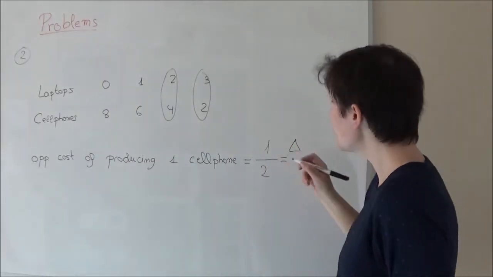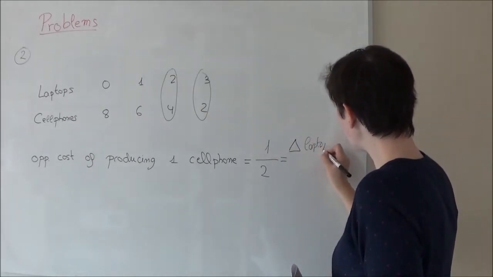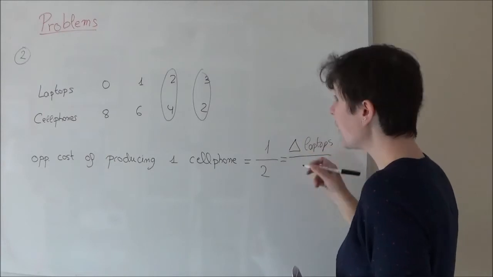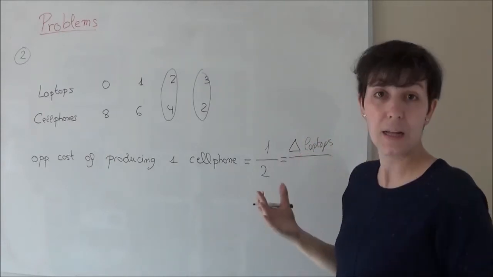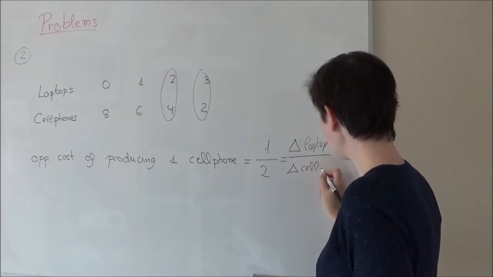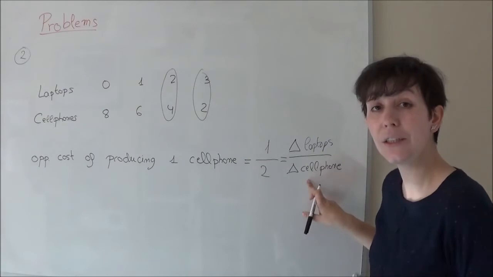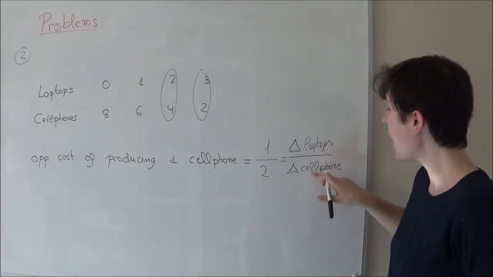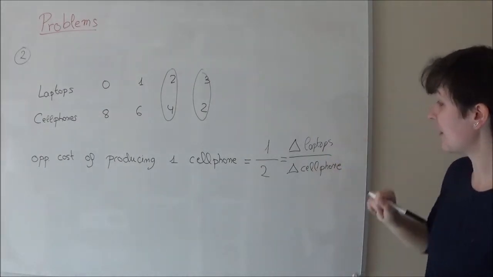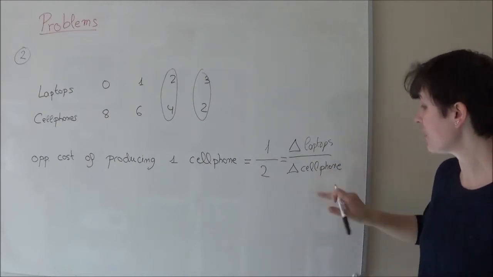So, how is laptop going to change when you change cell phone? Because it's a division, you are going to have how the number of laptops changes per unit of change in the case of cell phone.